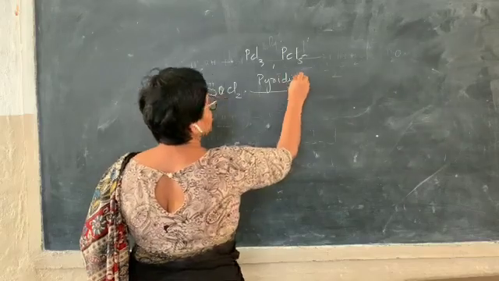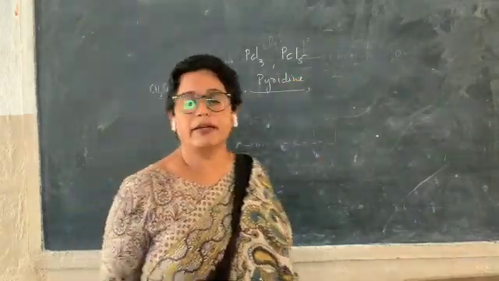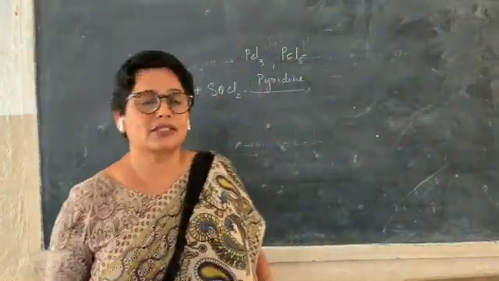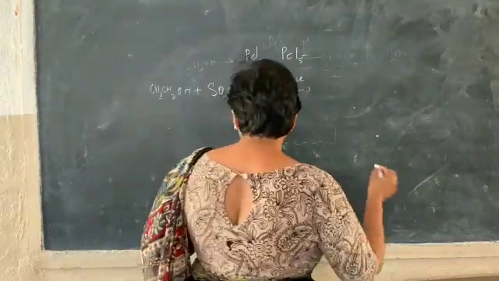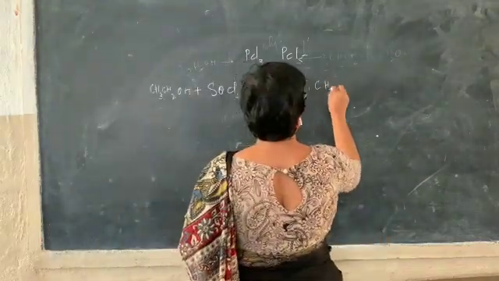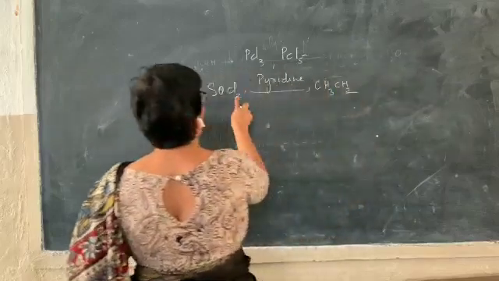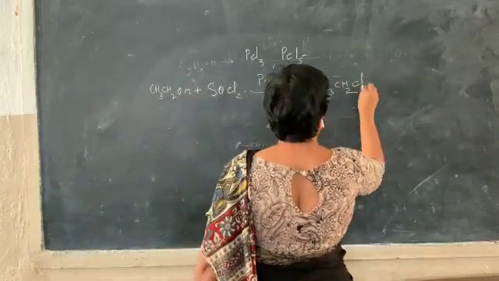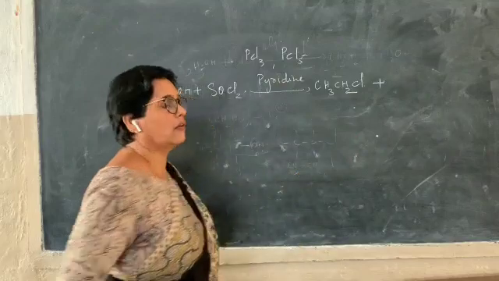I hope you searched the structure of pyridine from last year's textbook. With this pyridine you will get CH3CH2Cl, that is chloroethane or ethyl chloride.